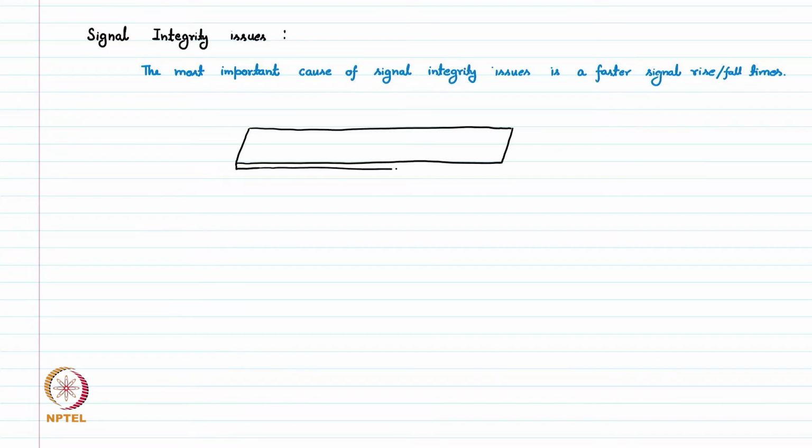So this length is high for this copper track, and at the far end this is terminated by a certain load resistance, or the receiver. At the near end we are applying a signal to this.